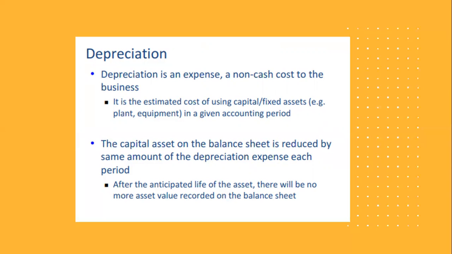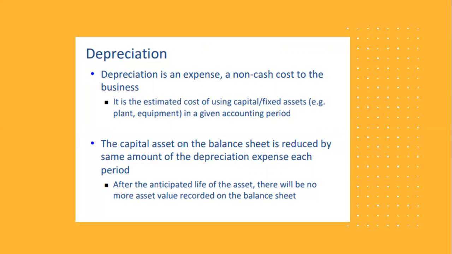Remember, whatever is happening on the income statement has a simultaneous effect on the balance sheet. The depreciation is captured as an expense on the income statement, while on the balance sheet the value of the plant or equipment goes down year by year.